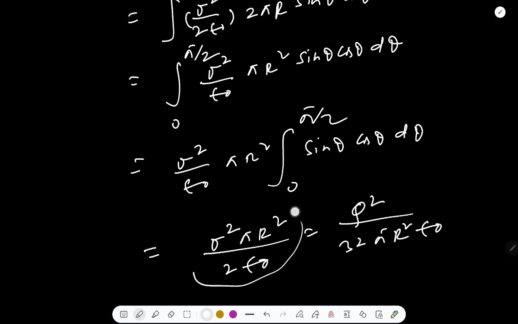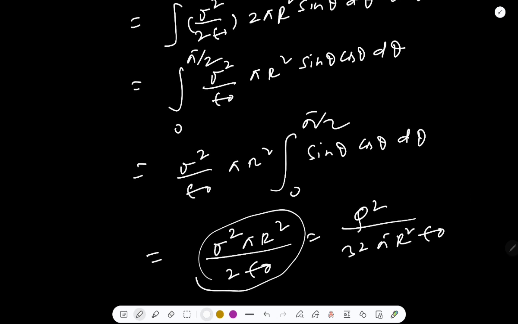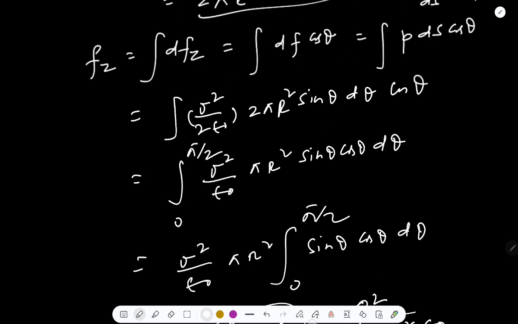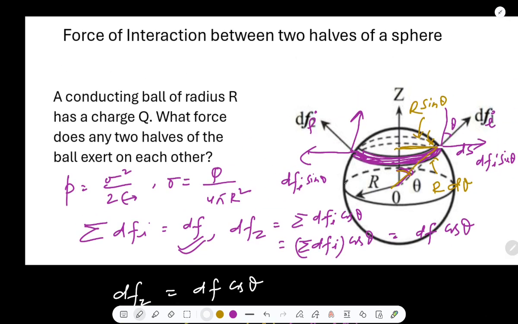You can note one thing from here, that this force on one half of the sphere by the other half simply comes out as the pressure at the surface of the sphere multiplied by the projected area, because this pi r square is the projected area here, that one half projects at the equatorial plane of this sphere.